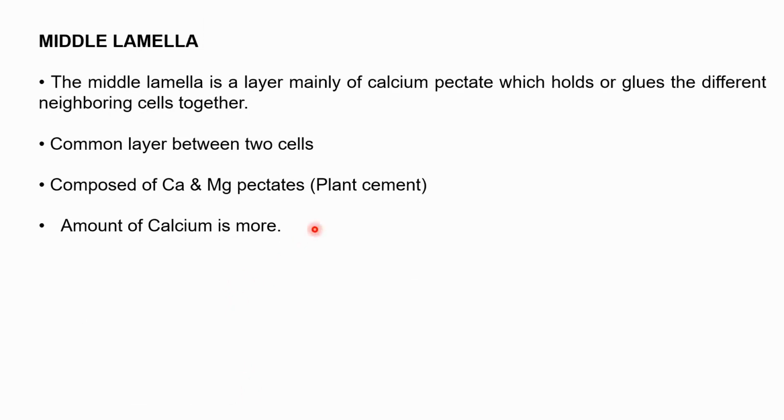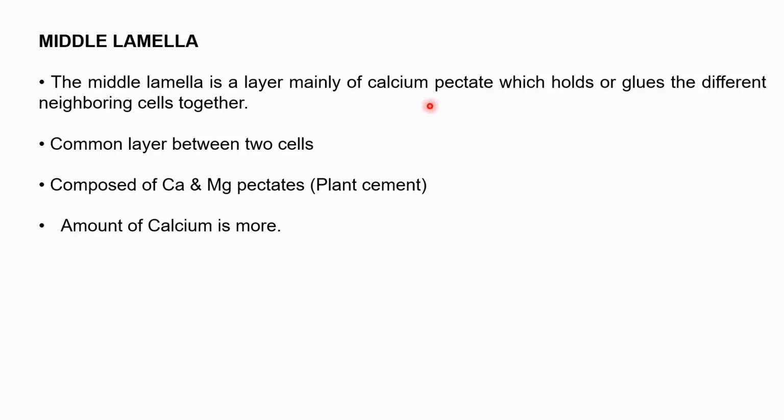Now, two cells in a plant are connected through a structure known as the middle lamella. The middle lamella is also known as the glue that holds different cells together, or the plant cement. It is a layer mainly made up of calcium pectate.